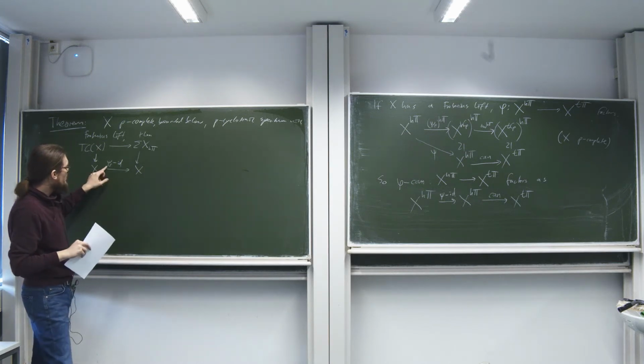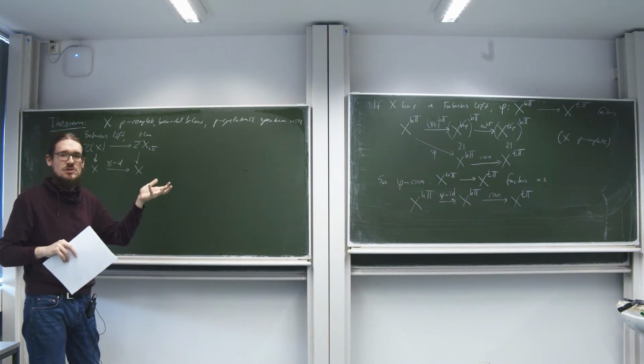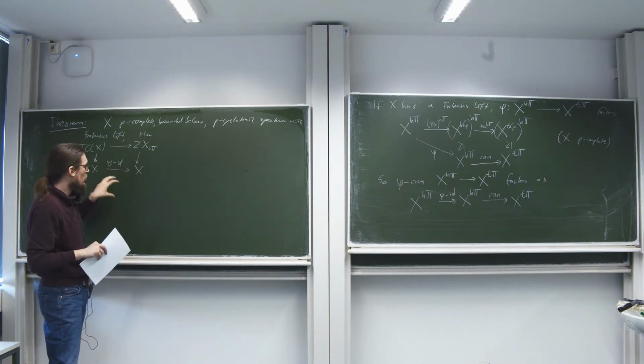So what do I mean by psi p? Psi p was a map from X to homotopy fixed points on X. I can forget down to X, right? I always have a map from homotopy fixed points to X.